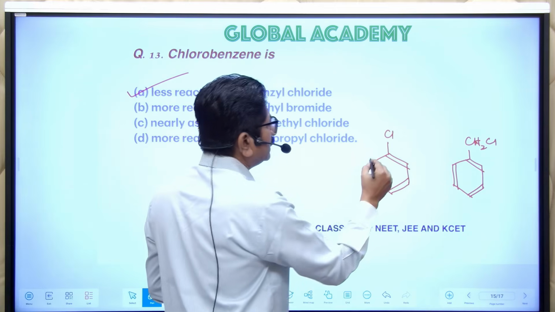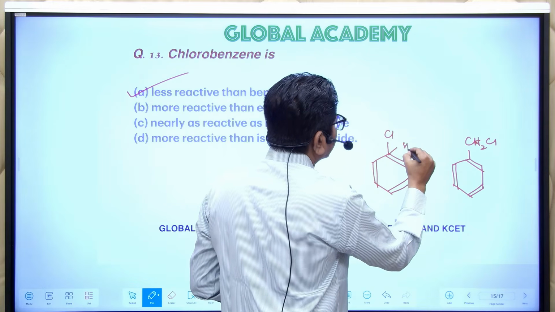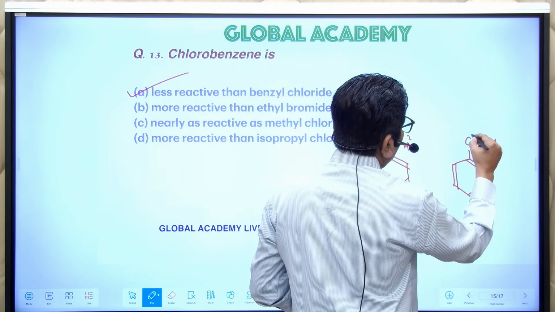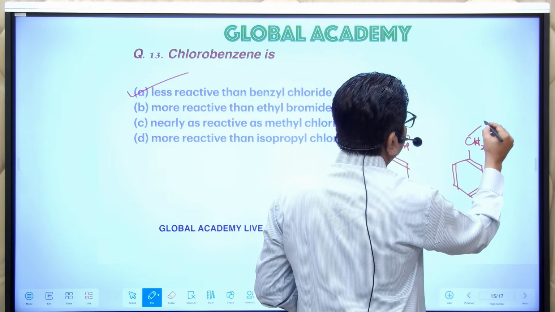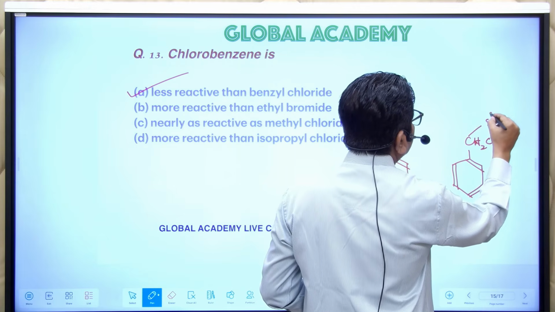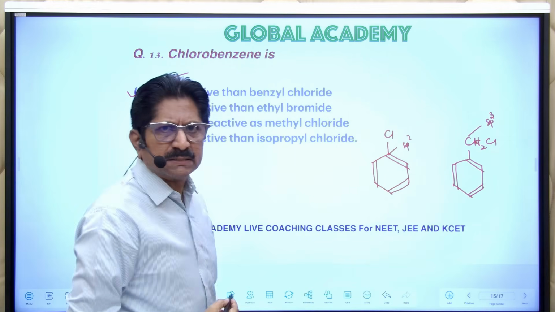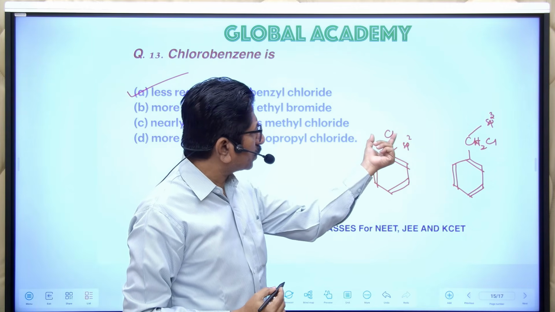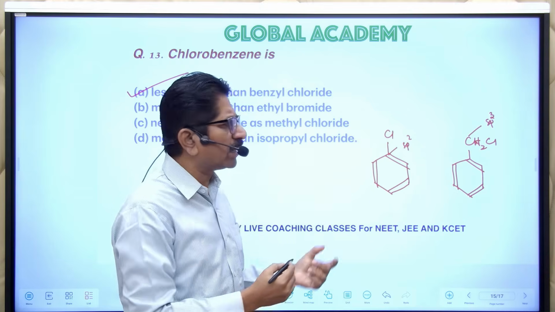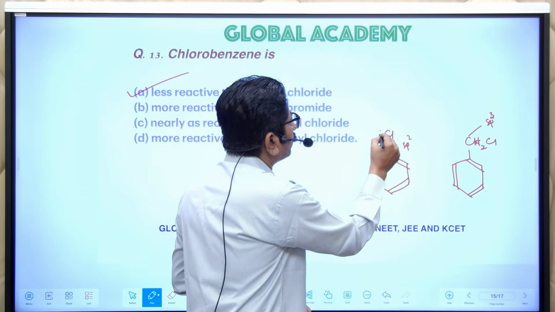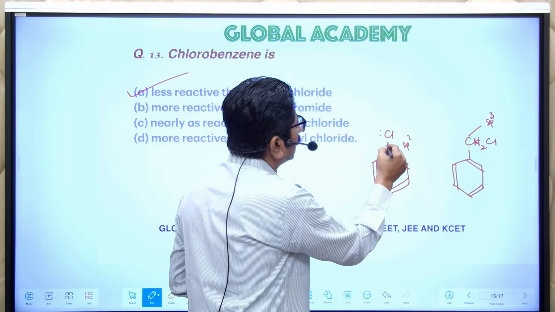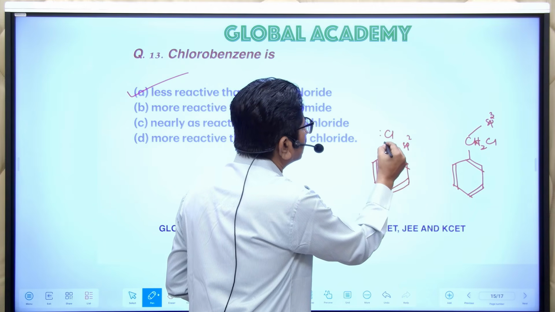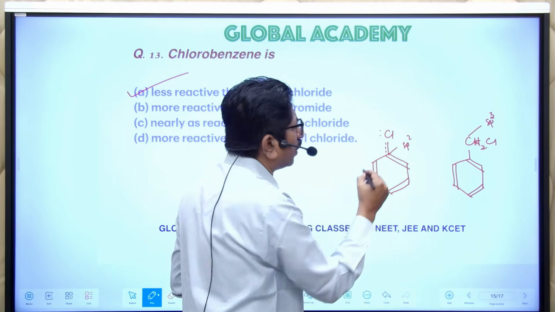One is that in chlorobenzene the carbon is sp2 hybridized, whereas in benzyl chloride the carbon linked to the halogen is sp3 hybridized. As the chlorine has an extra lone pair of electrons, this lone pair is given to the ring, and because of that a partial double bond is forming.